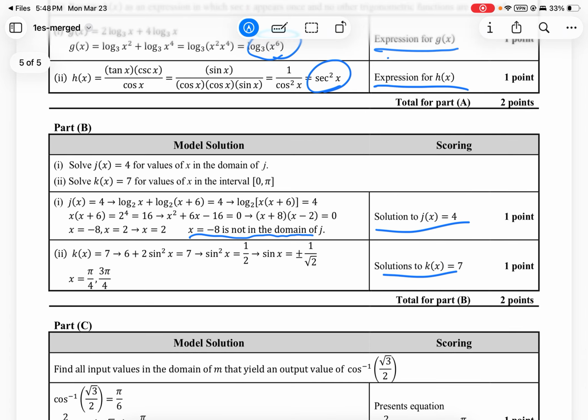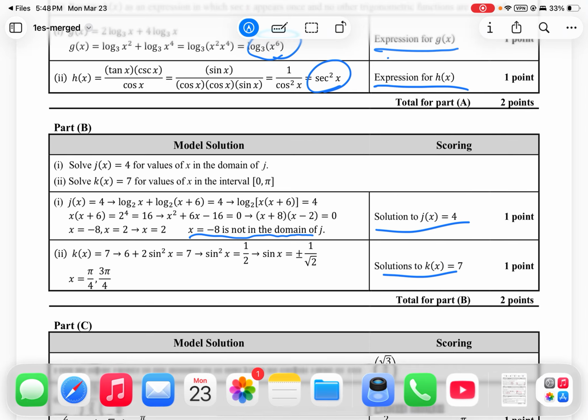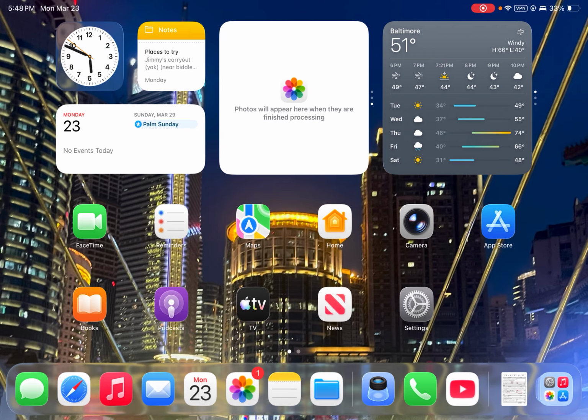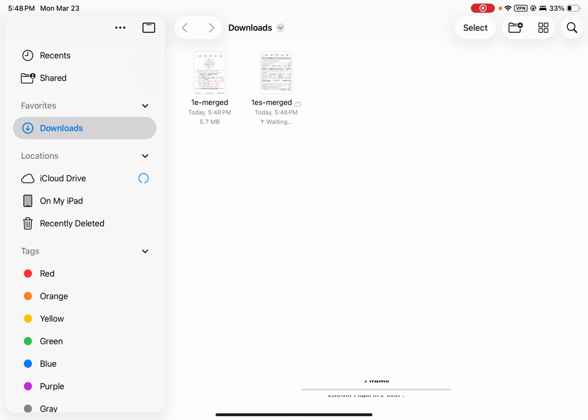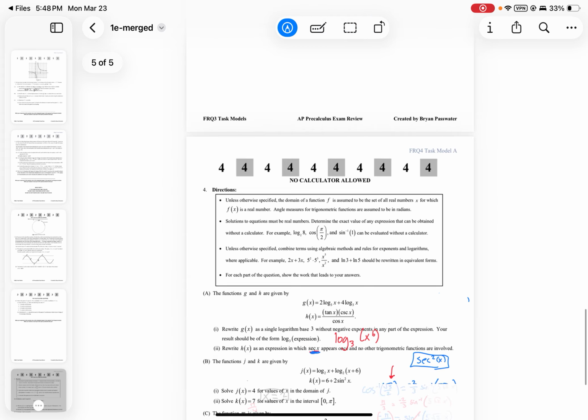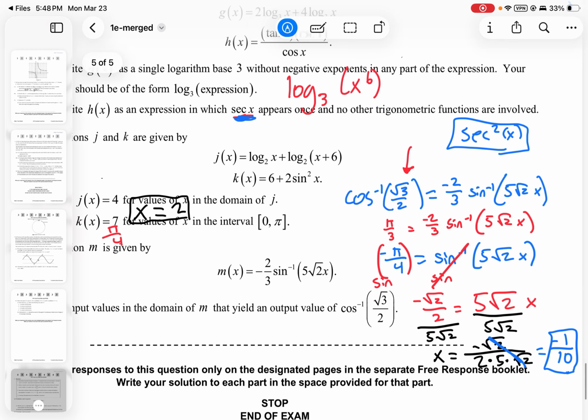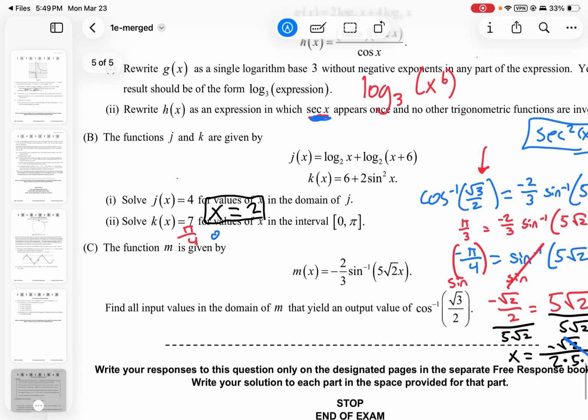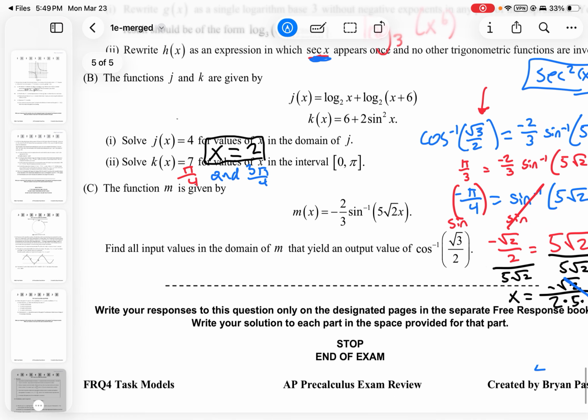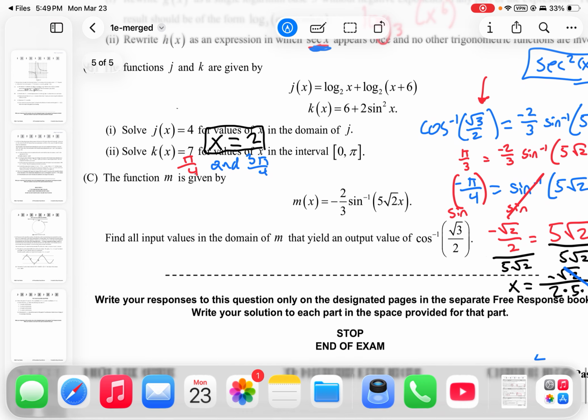There's no explanation needed on these. Pi over 4 and 3 pi over 4. Did we get both of those? No. We didn't. So this, you need both. That's a mistake on my part. I would have lost a point there.